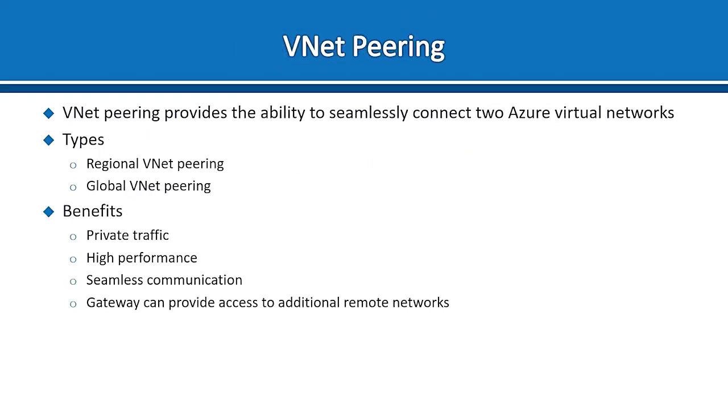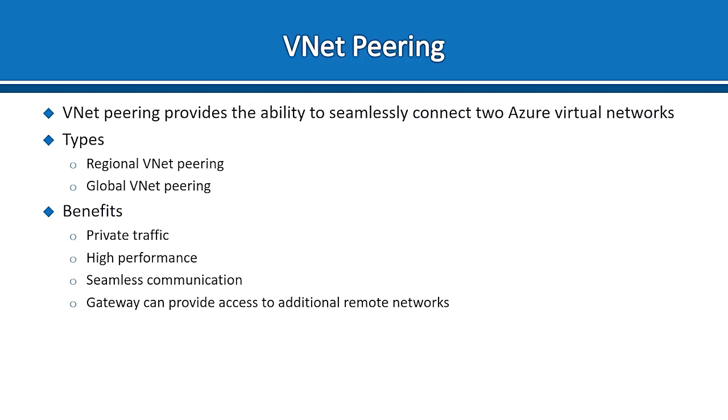So VNet peering, as we said, is very simple and easy. It seamlessly connects Azure Virtual Networks. So once you have peered the VNets, they appear as one for at least connectivity purposes. There are two major types. We have regional VNet peering, which connects VNets in the same region, and then we have global VNet peering, which can connect virtual networks in different regions.